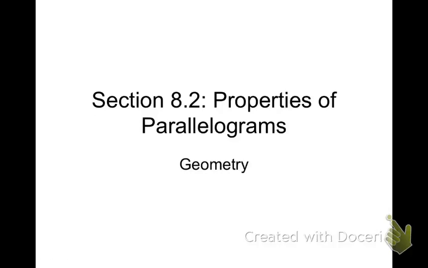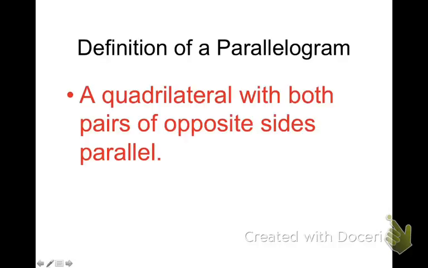of what parallelograms are. So please write in that parallelogram box there. A parallelogram is a quadrilateral. Because I'm designating it as a quadrilateral, that means that it has 4 sides.